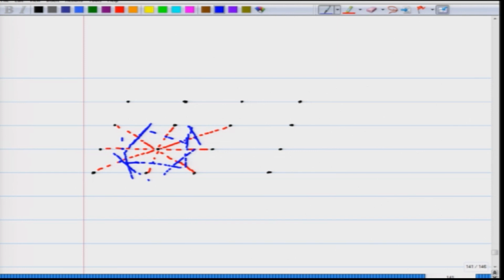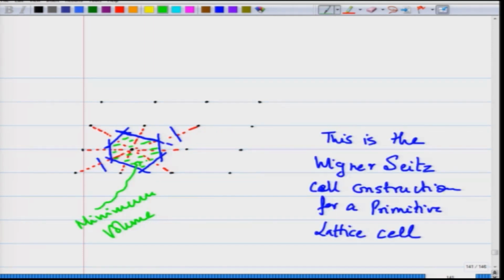And what you land up with is what is known as the Wigner-Seitz cell. The intersection of all of these gives you an area which is enclosed by these perpendicular bisectors, okay, and this is the minimum area which encloses one point, okay, and around each of these points you can draw a Wigner-Seitz cell, okay.